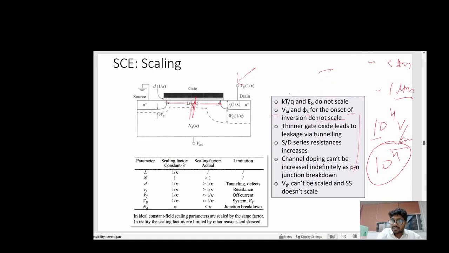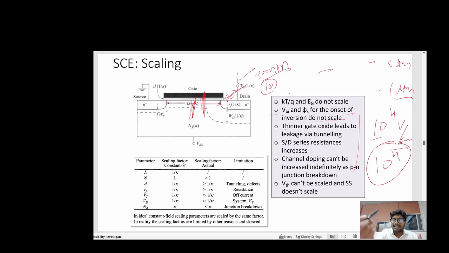We will see, so this was the gate dielectric. Gate dielectric initially was, let us say, 300 nanometers. Now you have shrunk down your device, so let us say you came to 10 nanometers. With a thickness of 10 nanometers, the current through this gate will be more in that case.